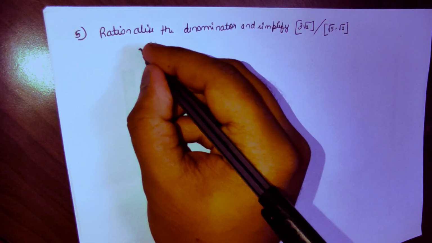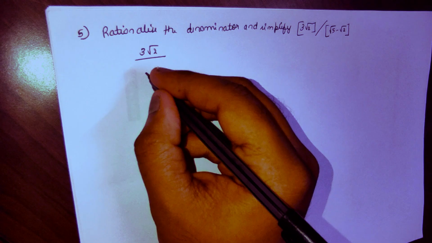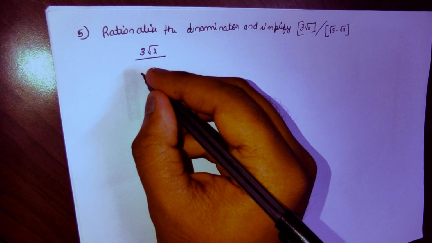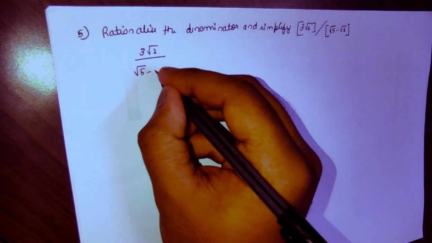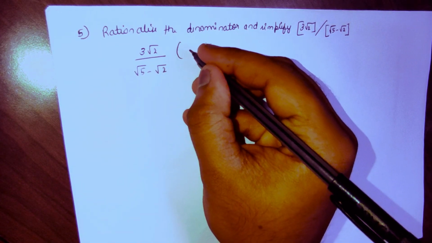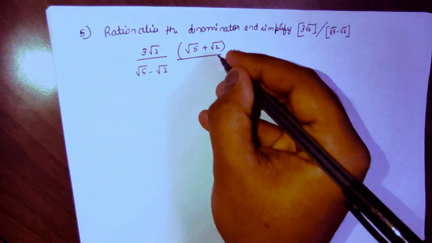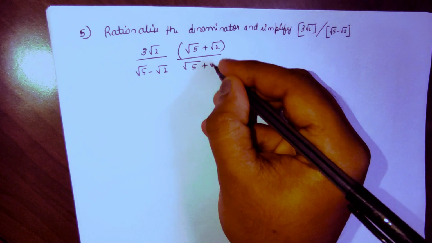To rationalize this, you have to multiply by the rationalizing factor of the denominator root 5 minus root 2. We will multiply both the numerator and denominator by root 5 plus root 2.